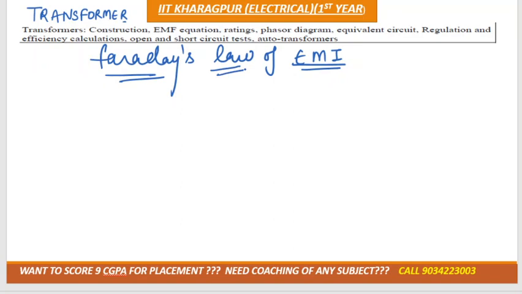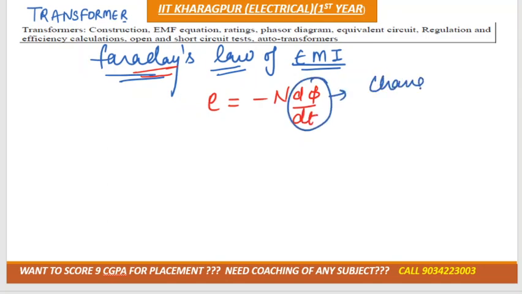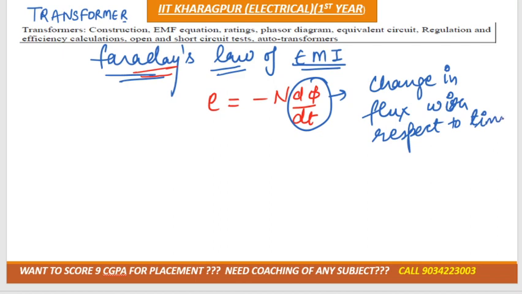I think you have heard of the scientist Faraday. He says that E equals N d phi by dt, the rate of change of flux with respect to time.